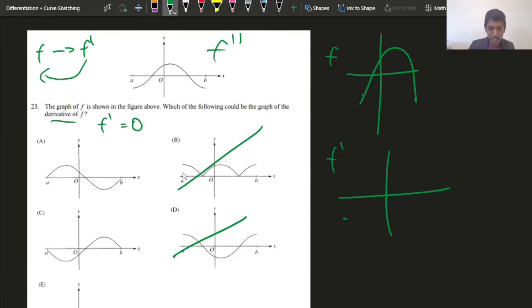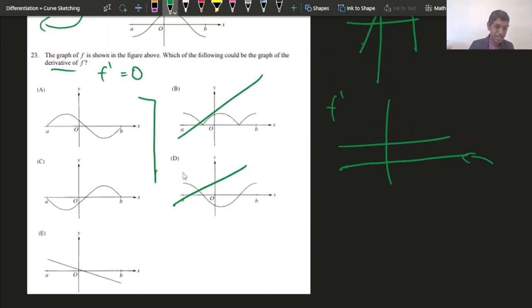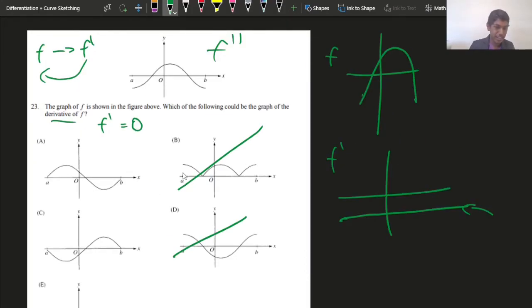So in this example scenario, F prime would be negative, so I'm just going to draw that. But yeah, we'll find the concavity of the graph of F, and then we'll apply that to F prime and figure out the answer that way.